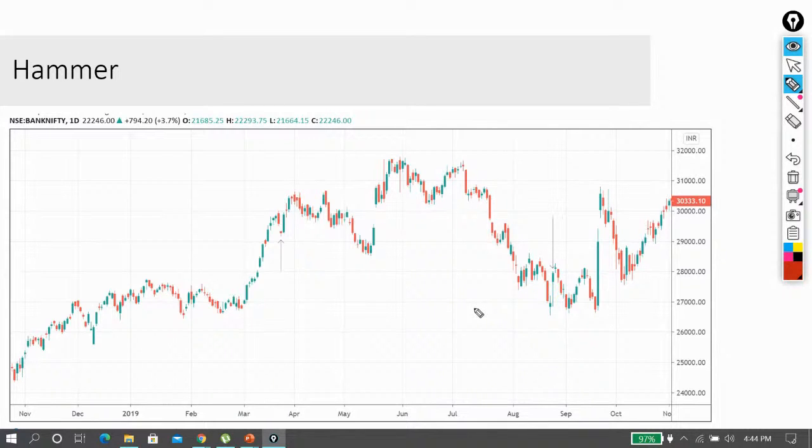And if we see the low of this, it was taken out only by this candle. Apart from that, there were no closings whatsoever. So what was the rule for buying after a hammer? You buy above that and then your stop loss will be below. So your buying point was somewhere here and your stop loss was somewhere here.